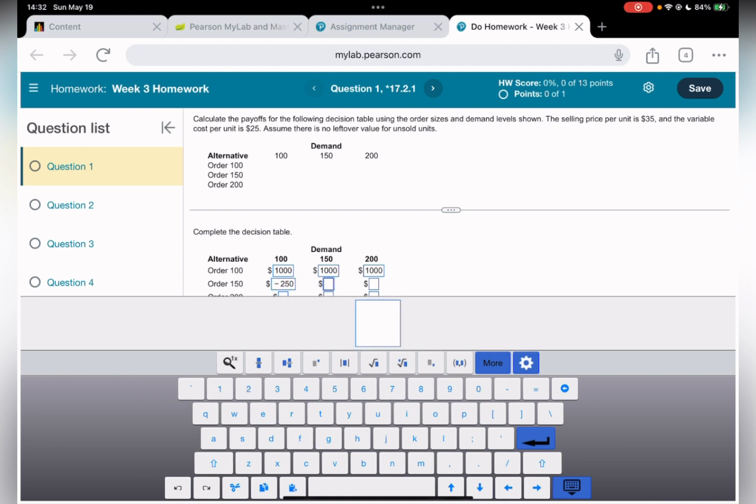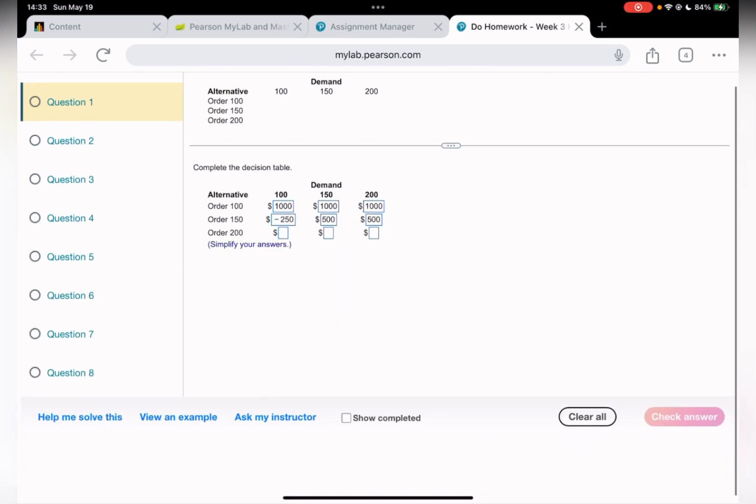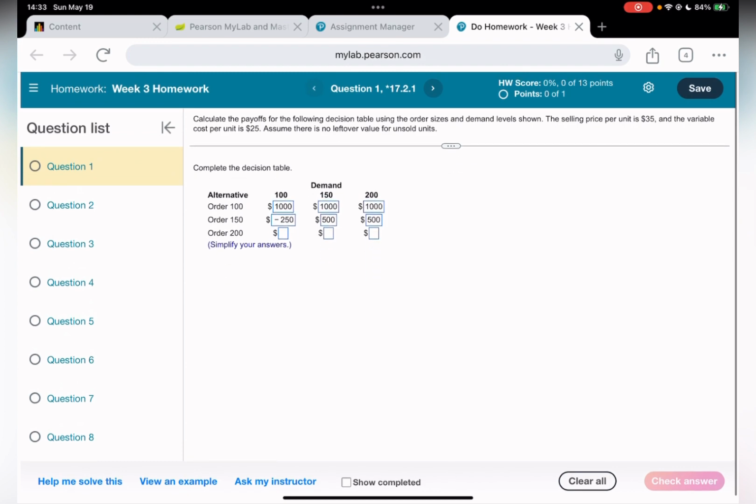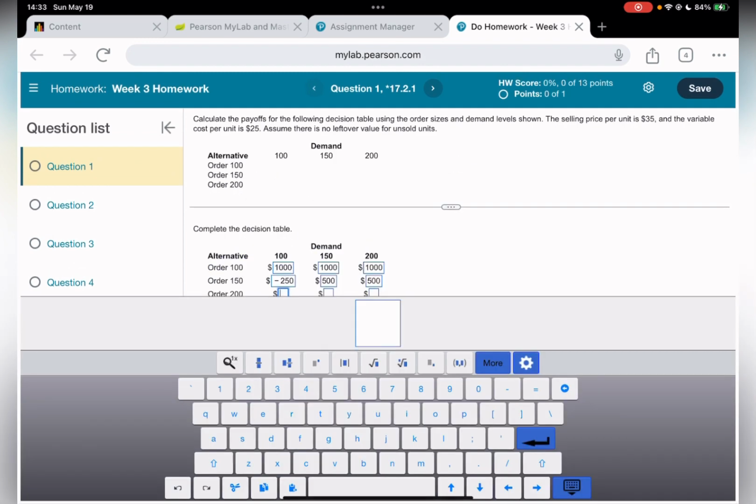Next, 500. And next is also 500. Okay, and lastly, it's going to be negative 2500, and then here it's going to be 250 profit, and for 200 it's going to be 2000.